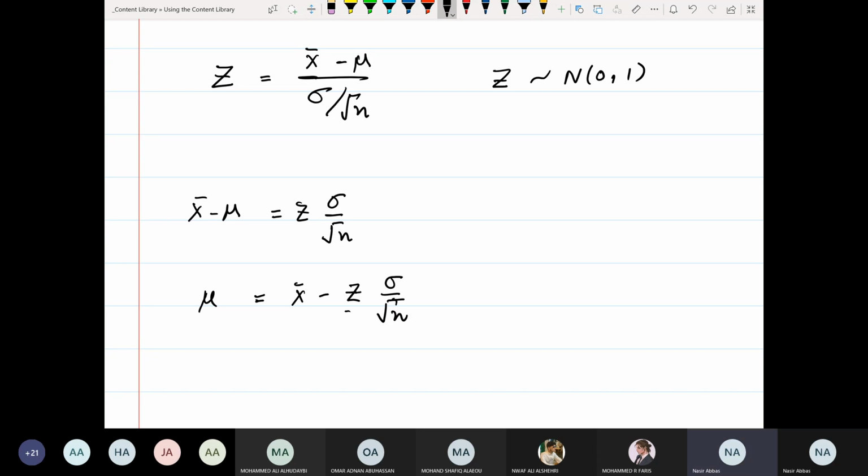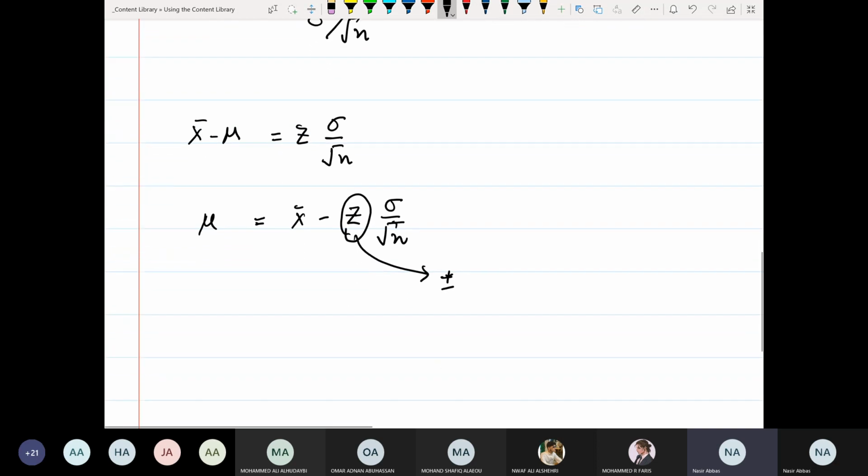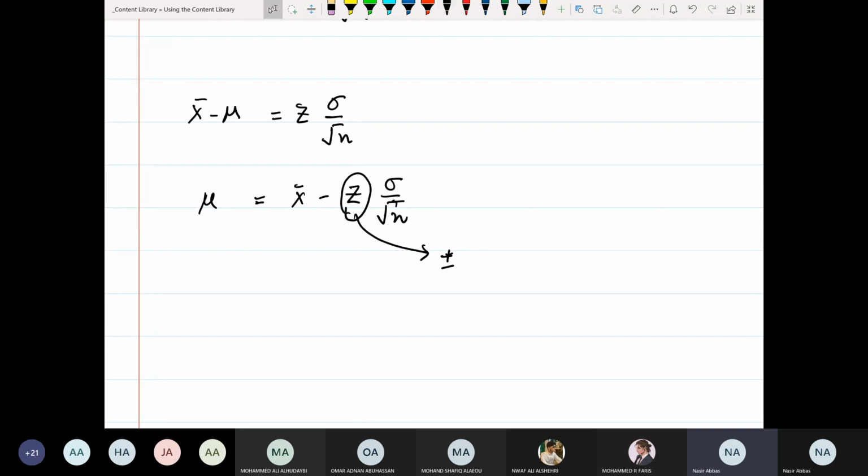Now this z will be sometimes positive and sometimes negative. If you are above 0, this will be a positive value. If you're below 0, this will be a negative value. So half of the values inside this z are positive, half of them are negative. So when you are calculating the upper and lower limit, one of them will be positive, one of them will be negative. So this minus will become either plus or minus.